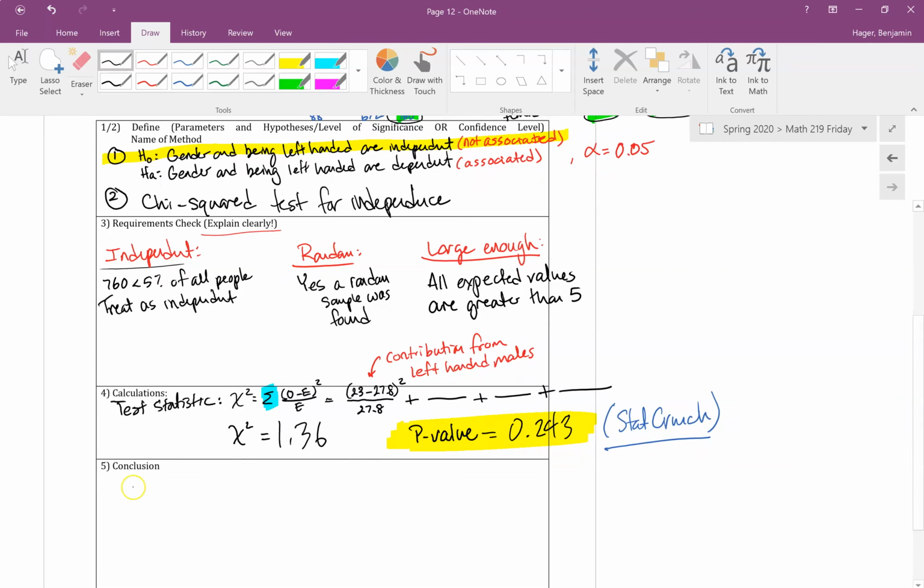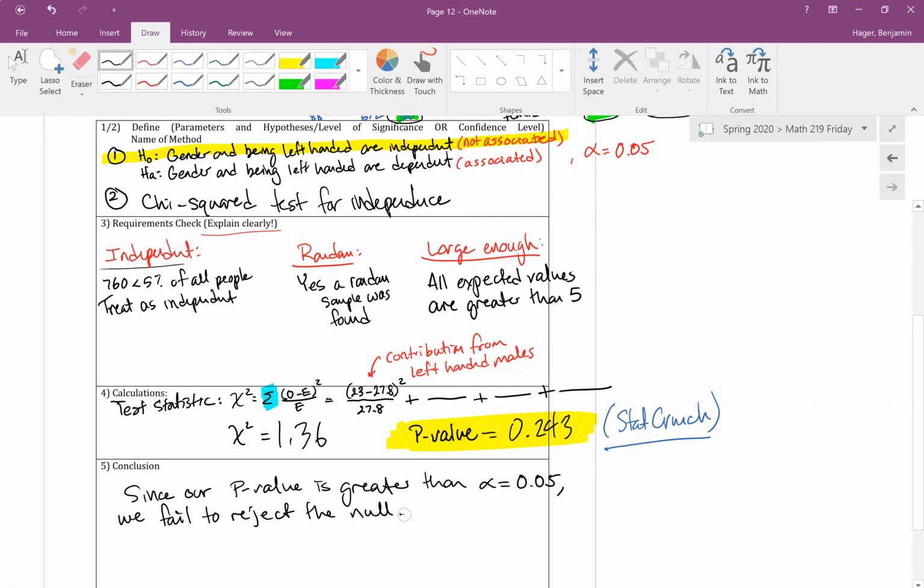Okay, so let's write that up. Since our p-value is greater than alpha, we fail to reject the null. The data does not suggest the alternative.